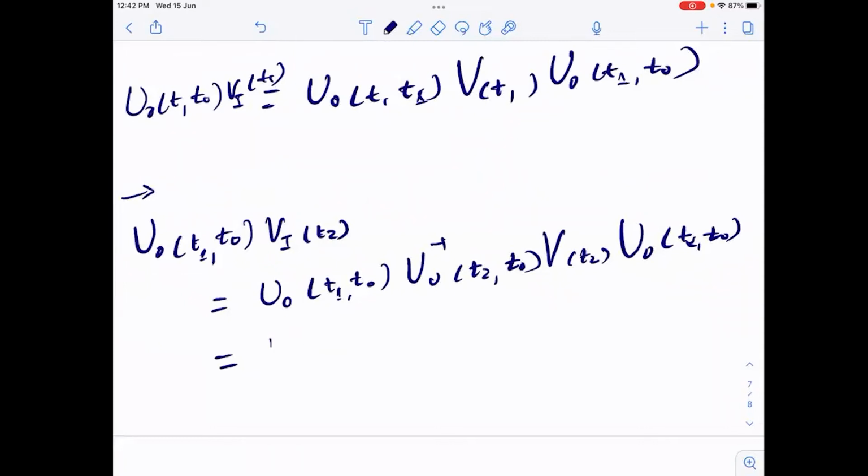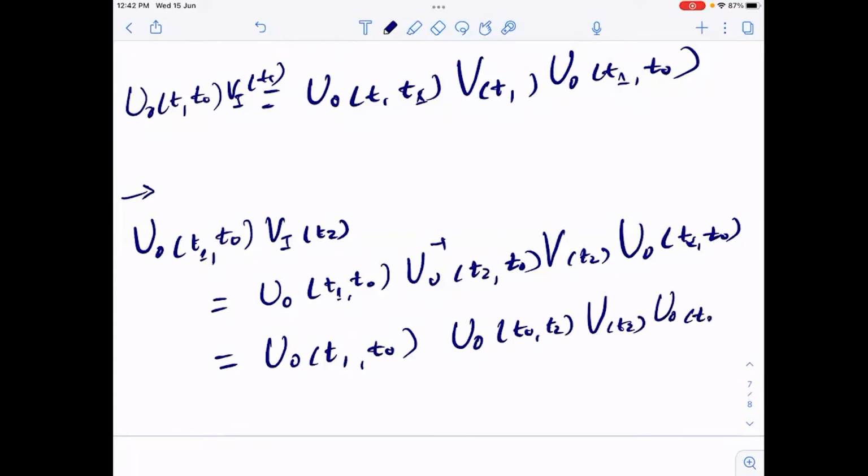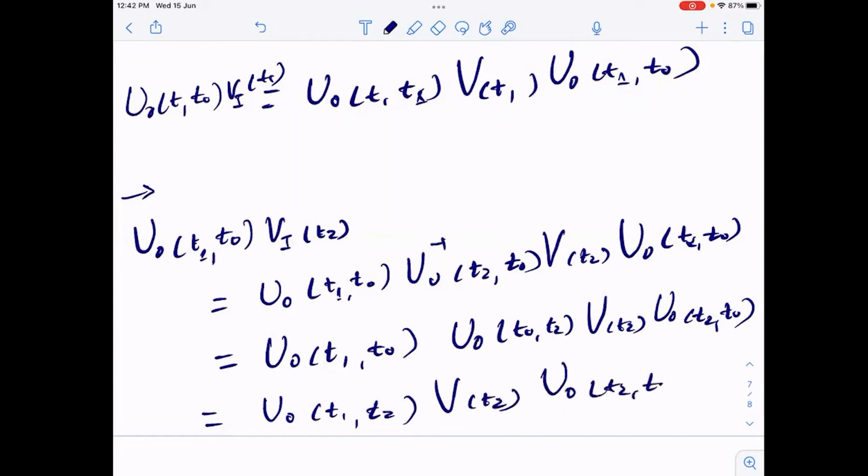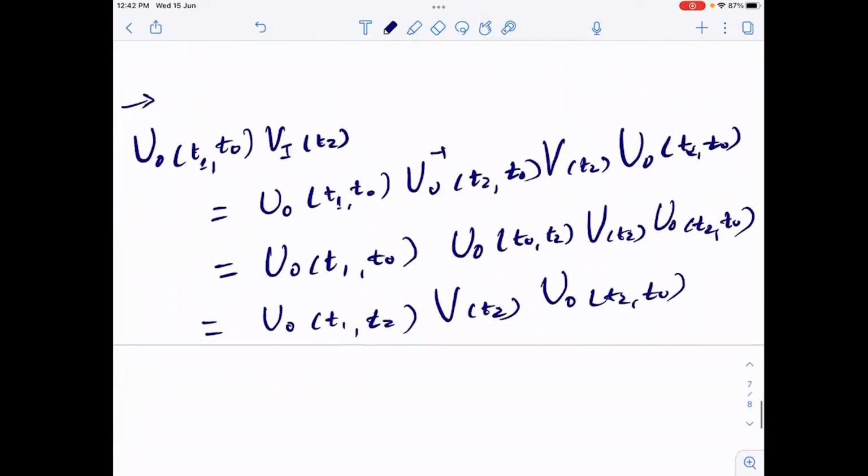This will transform the terms into U0 T1 T0 U0 T0 T2 V T2 U0 T2 T0. So that is U0 T1 T2 potential T2 U0 T2 T0.